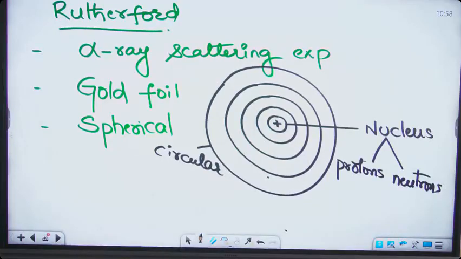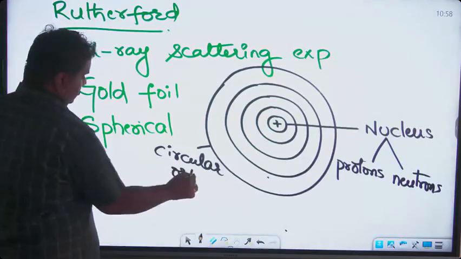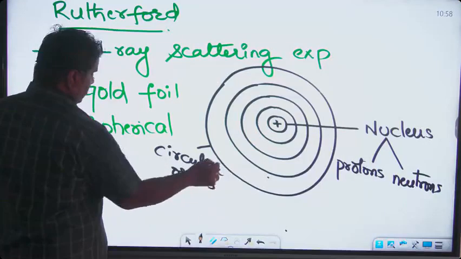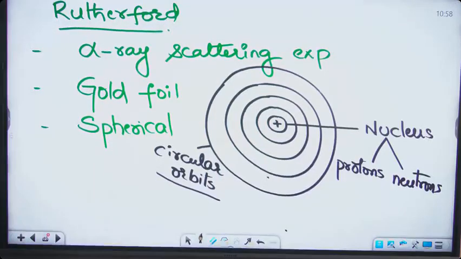In the case of Rutherford model, the electrons are present around the nucleus of an atom in circular orbits.